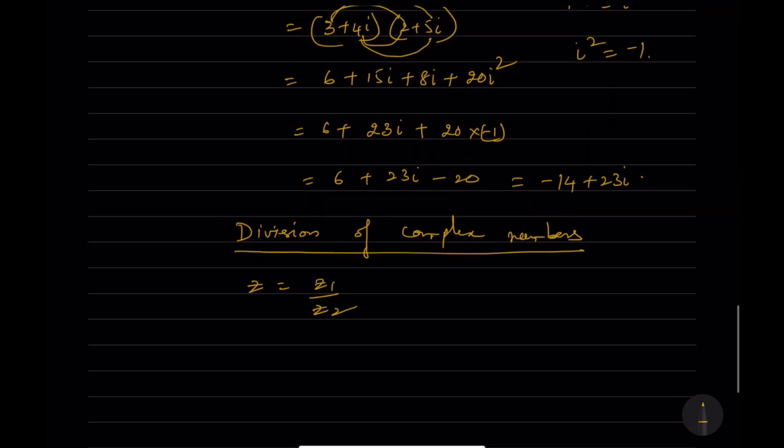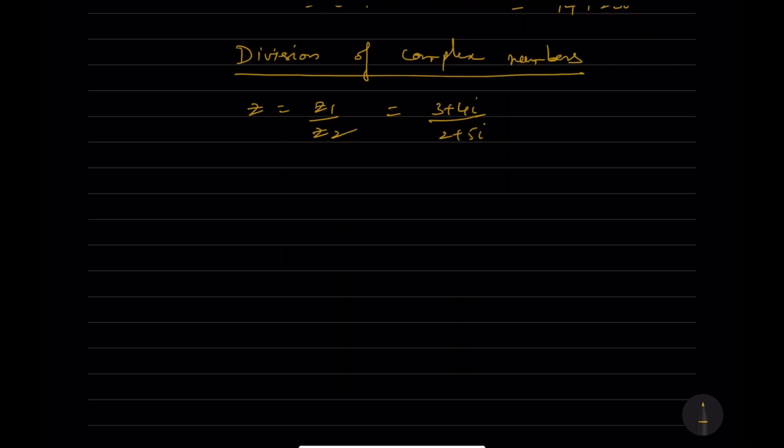So here z1 is equal to 3 plus 4i divided by 2 plus 5i. Now whenever we are writing any complex number in this form, in the denominator, as you have seen in your previous classes last year, whenever we are having a root in the denominator, we rationalize that. We remove the root in the denominator. In the same way we can do it.